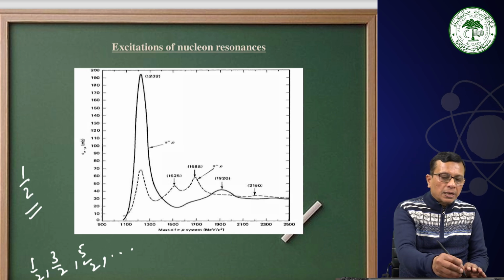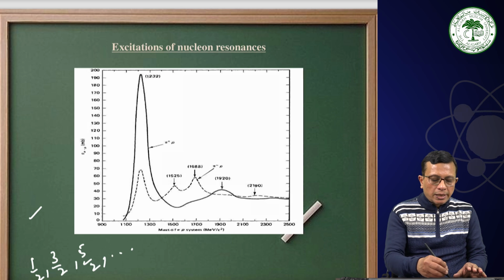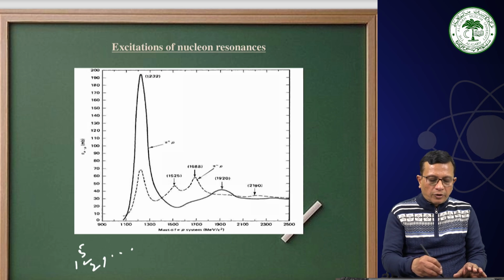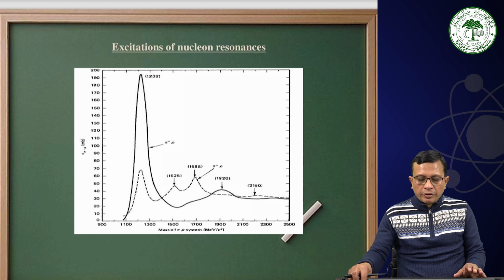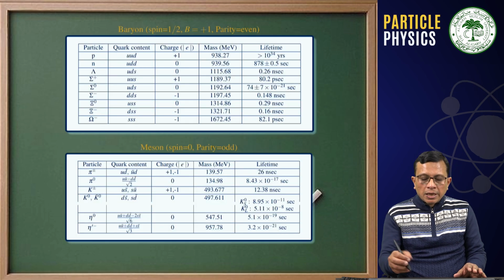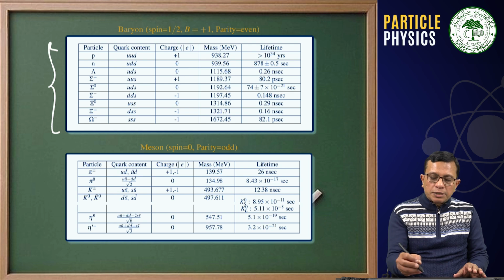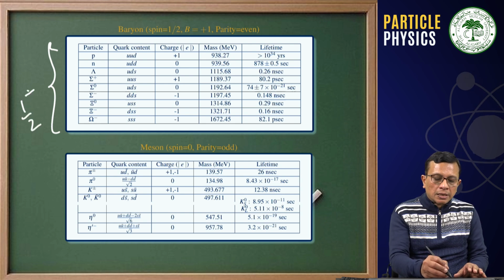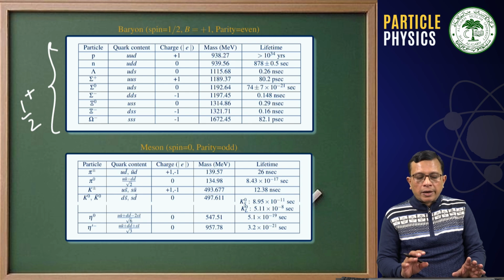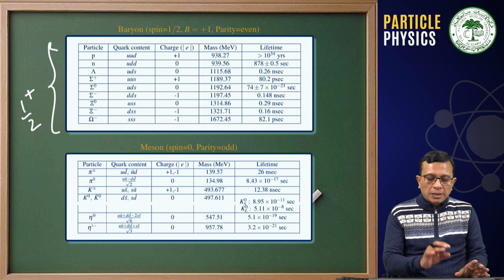While the particles we discussed earlier in the table for the baryons, they are all spin half particles, and the parity of these particles is plus.